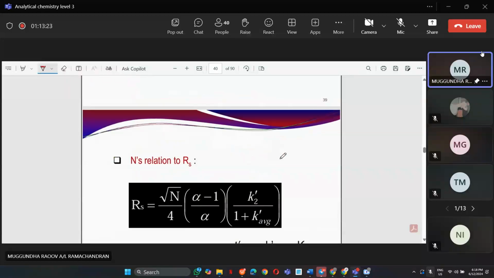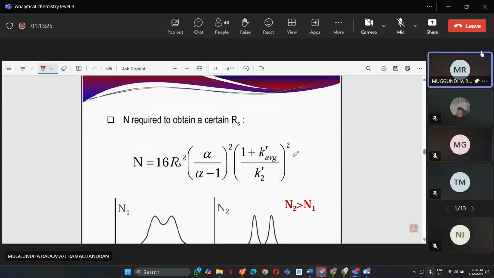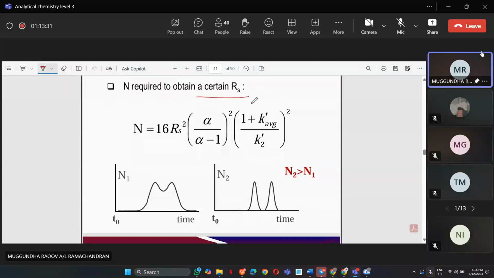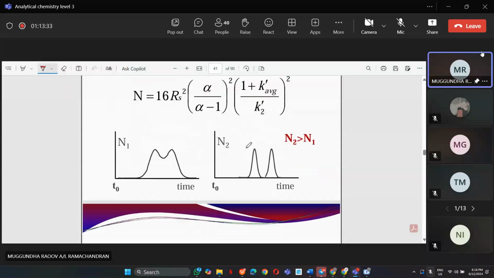Now class, to explain about N, to obtain a certain resolution, for example N1 and N2: the theoretical plate number for N2 is better compared to N1, because the peak is very well resolved compared to N1. So the resolution is better here, and the N value is also better.